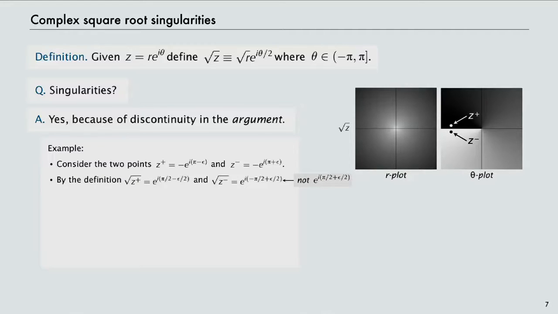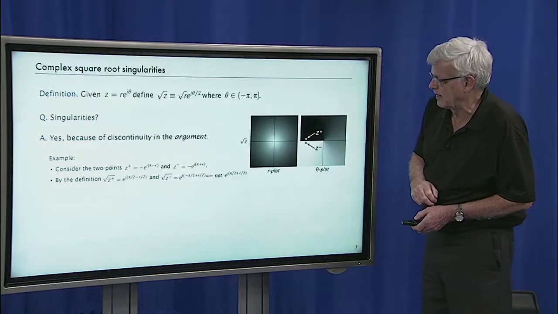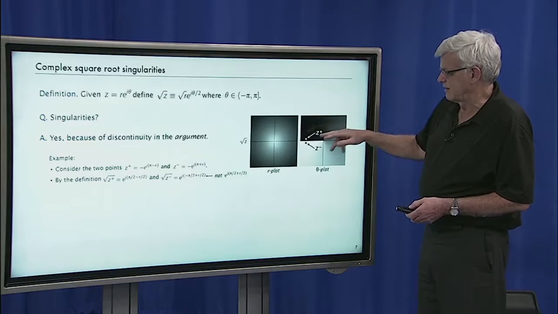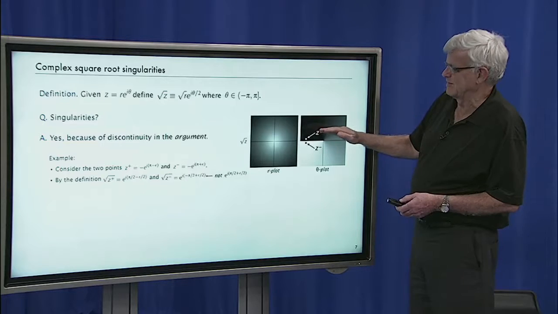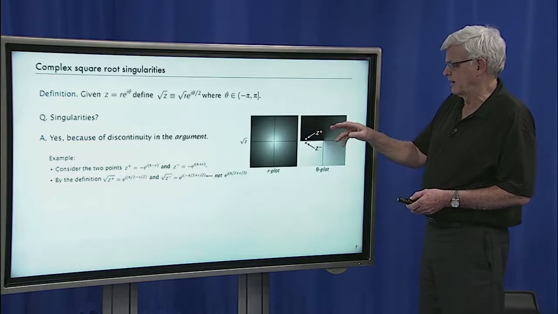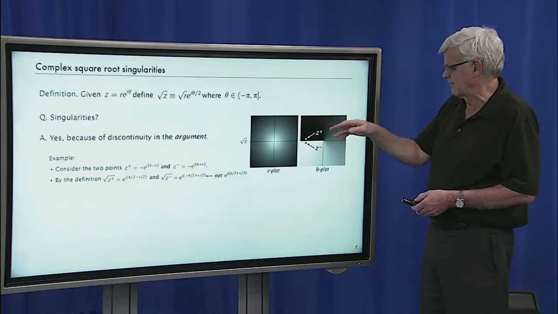Now, by the definition, if we take the square root of those 2 points, let's do the first one, the square root of z plus. That's at pi over 2 minus a little bit. And so the square root of that is going to be e to the i times pi over 2 minus a little bit.